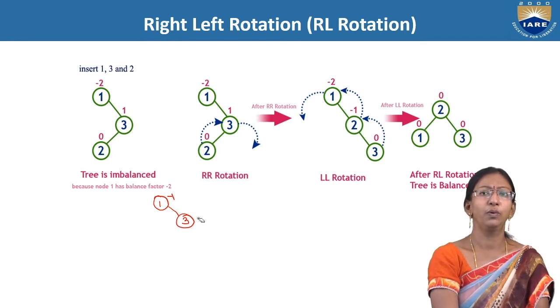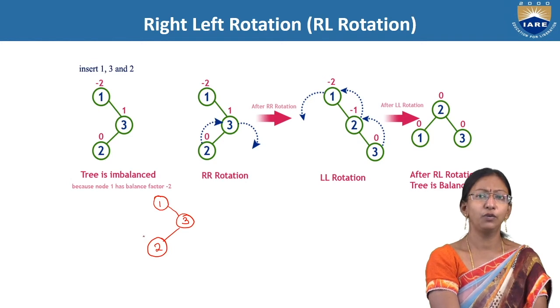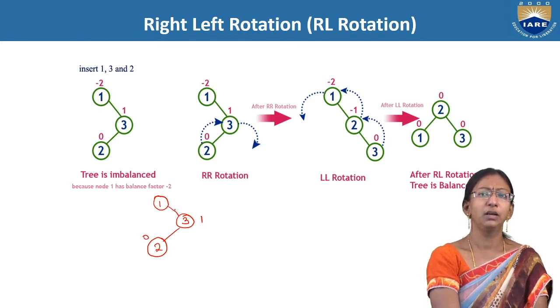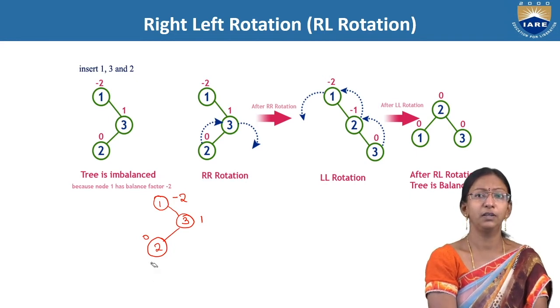Okay, no violation, nothing. Now, insertion of 2. When I insert 2, the balance factor of 2 will be 0, 3 will be 1, 1 will be minus 2, right? So 1 violated the property of AVL.